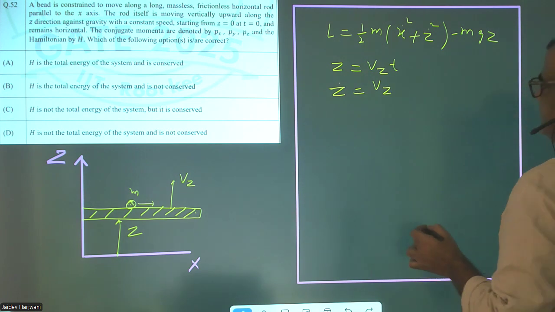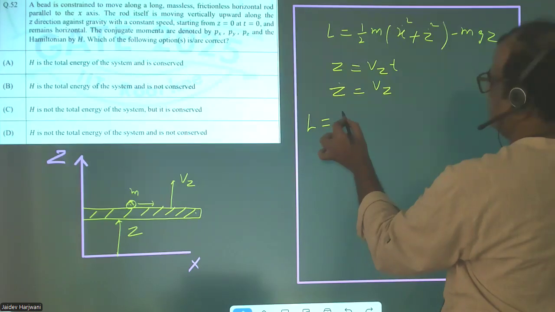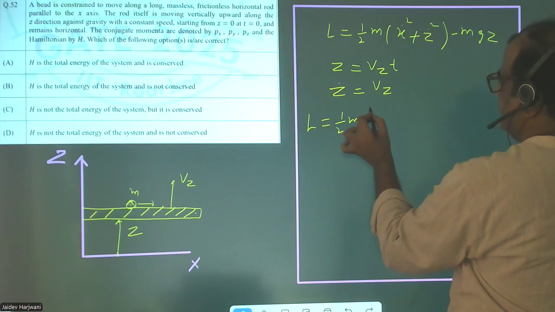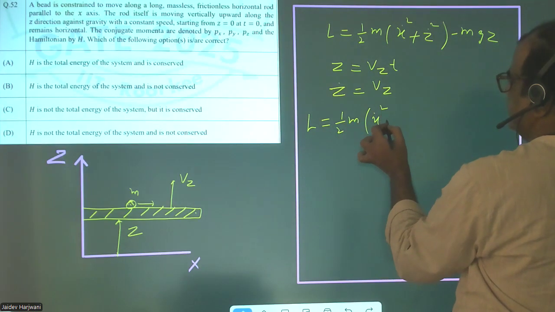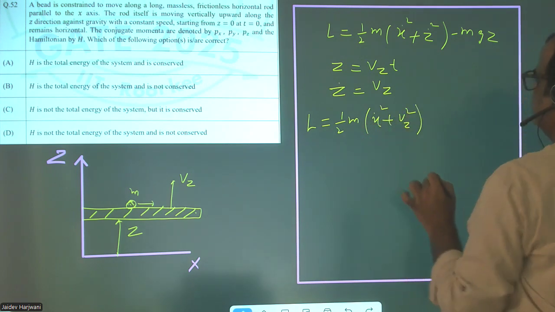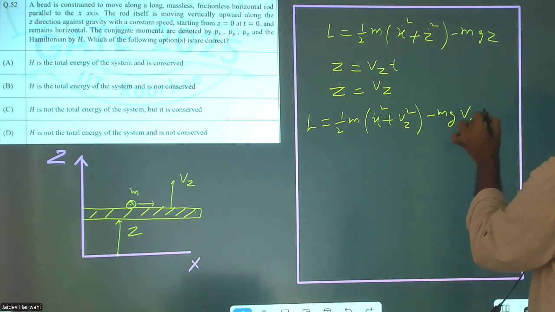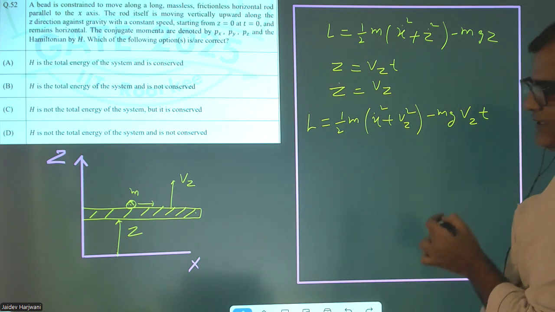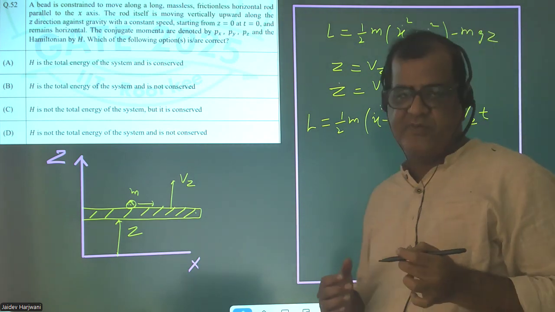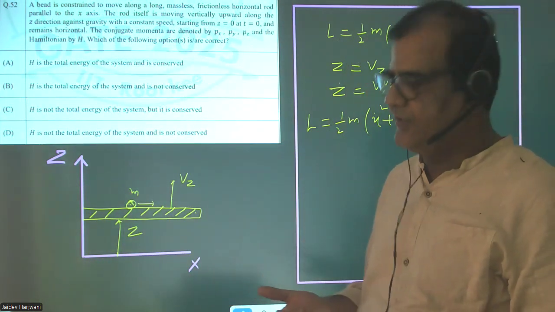If I put these values here, my L becomes half m x dot square plus half m vz square, a constant, minus mg vz t. So now the Lagrangian contains a term which explicitly depends on time, so your Hamiltonian cannot be conserved.